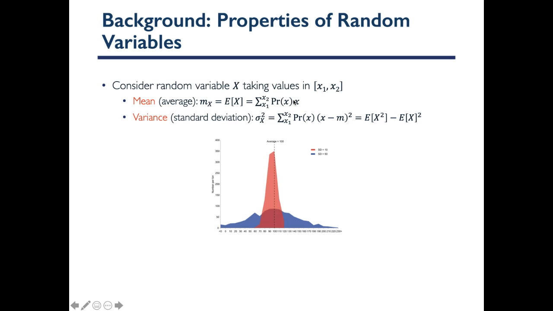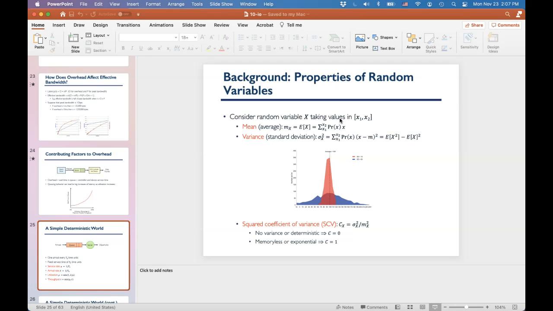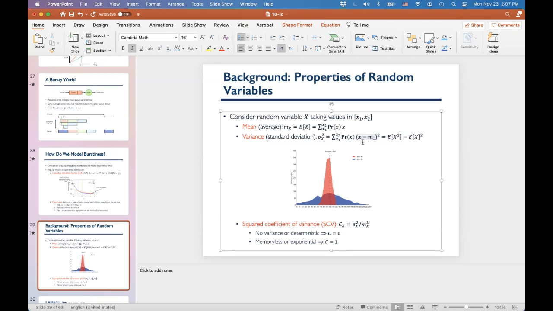If you have continuous random variables, then you'll use the integral from x1 to x2 of the probability that that X happens times the value of that X. And then you can also define the variance or standard deviation: on the range of x1 to x2, the probability that that particular X happens times X minus the average, which should be m of x.